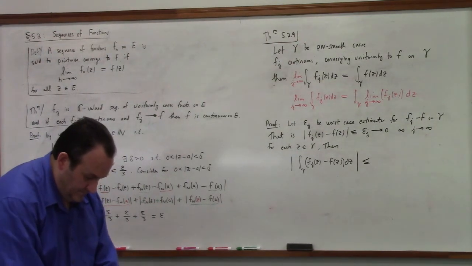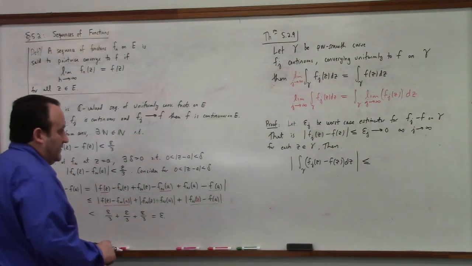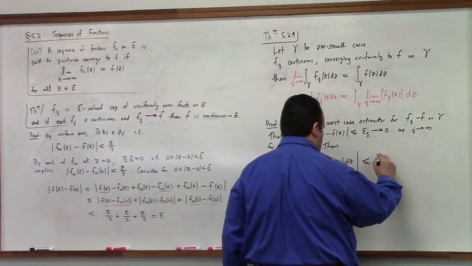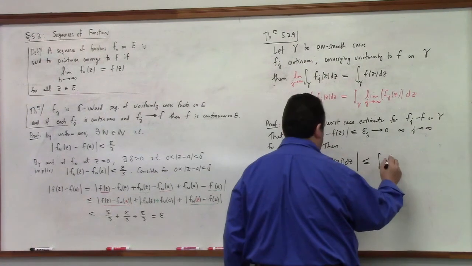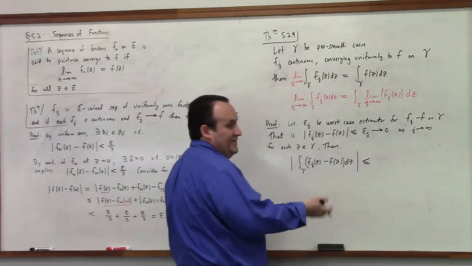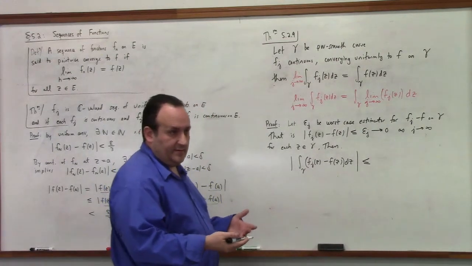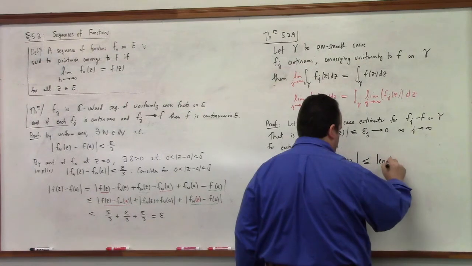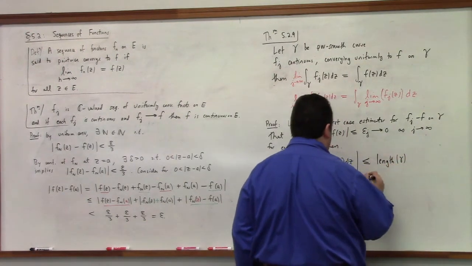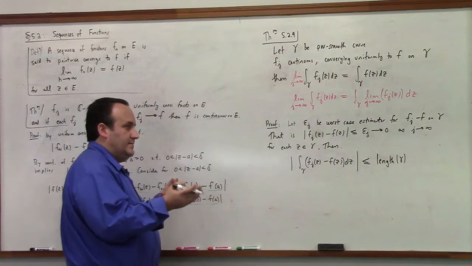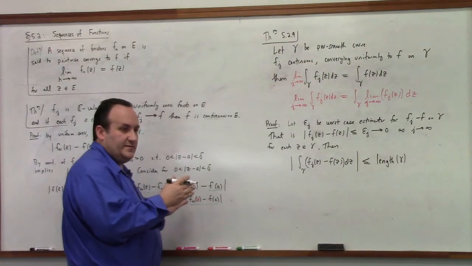Let L be the length of the curve. So this is less than or equal to the length of gamma times the bound. What is the bound for the integral here?